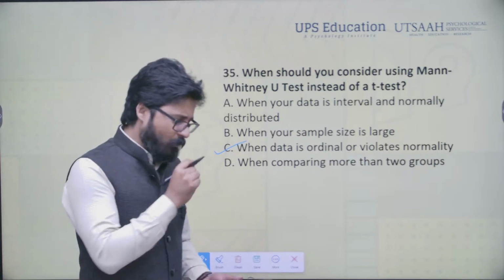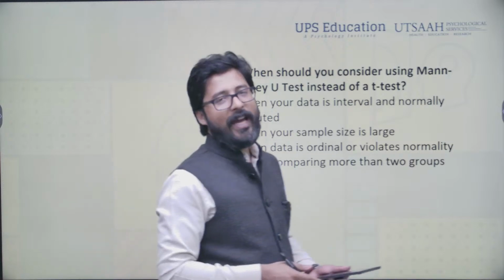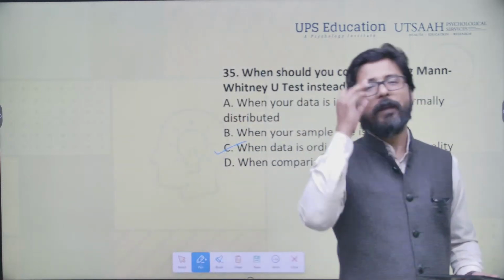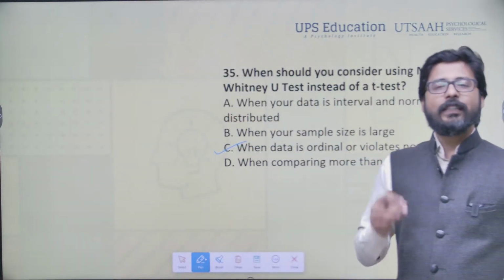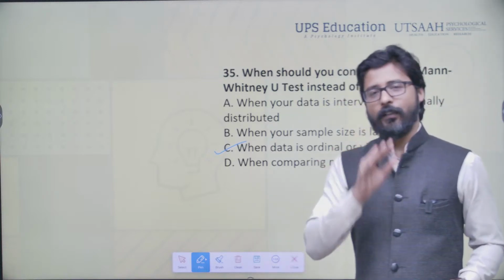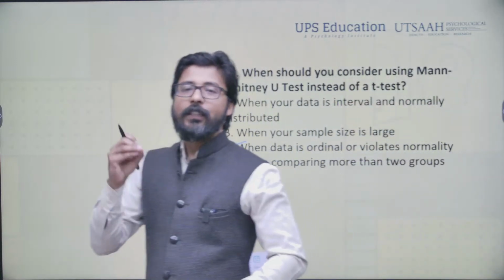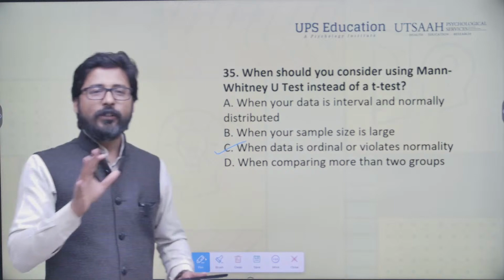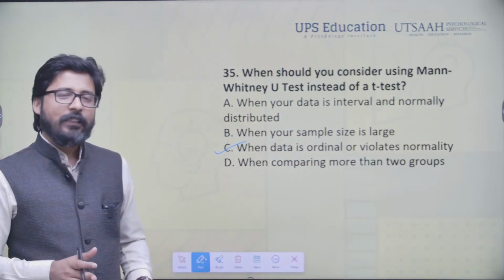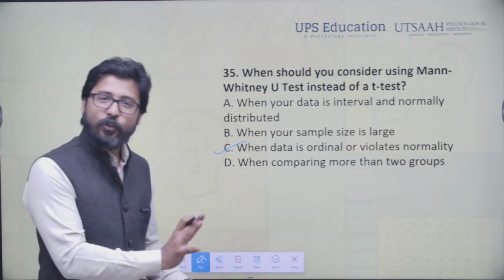Why am I choosing this? Whenever we are using Mann-Whitney U, it is when your data is not normally distributed or is ordinal. So this is the criteria that we are following. Whenever data is not normally distributed or is ordinal, in those particular situations, we will use the Mann-Whitney U test.